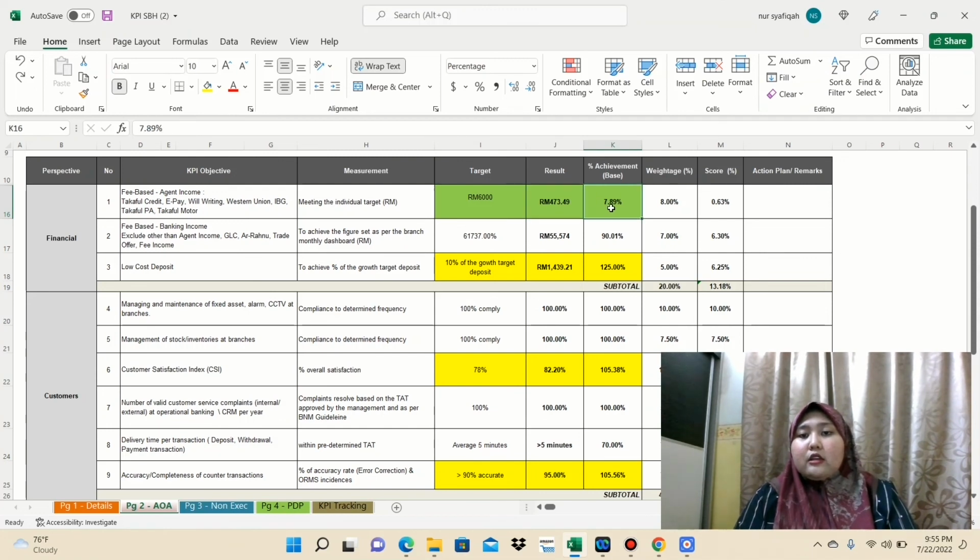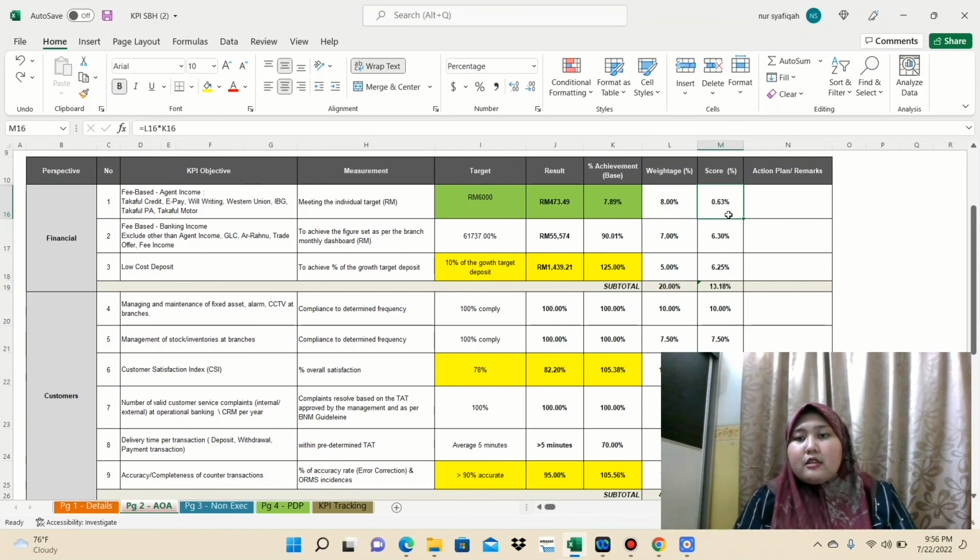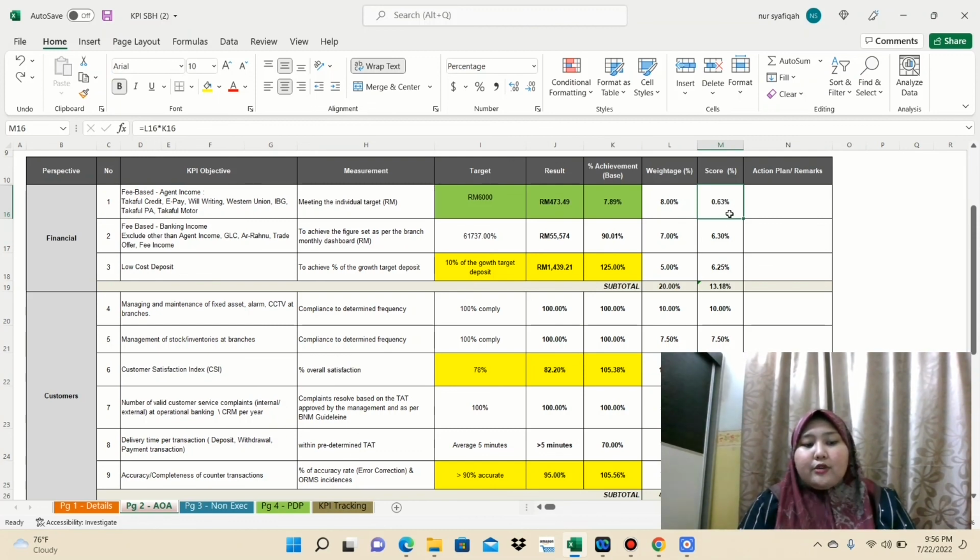To get the achievement, the result, 473 and 49 cents, multiplied by 100, divided by 6,000, so we get 7.89%. The weightage is set by the management itself. To get the score, it is weightage multiplied by achievement, so we get 0.633%. That's how the other sections are calculated to get the score.